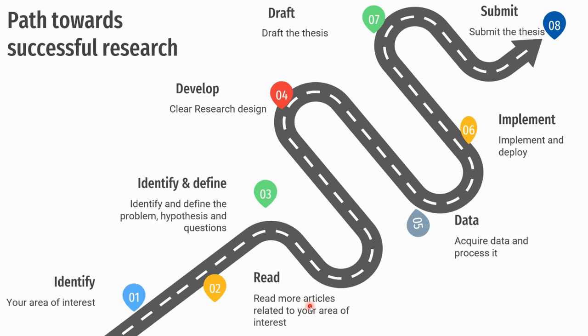If you have chosen IoT, you have to read more articles. And once you have identified your area of interest, you should also think of a cross domain where you have to implement your interest. I'll give you an example. If you have decided that you have to take up IoT, internet of things, that is your main domain, computer science.